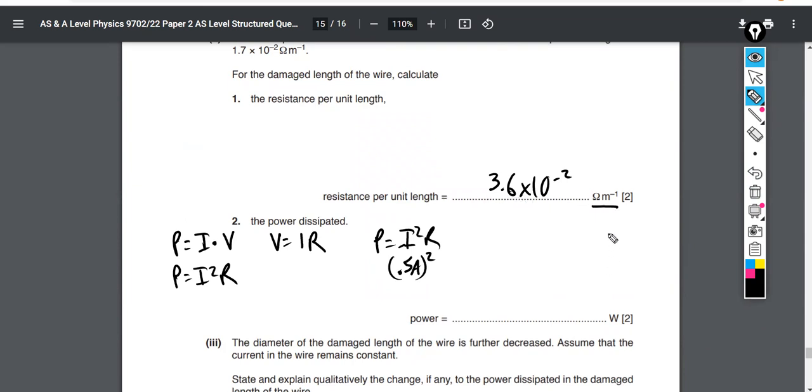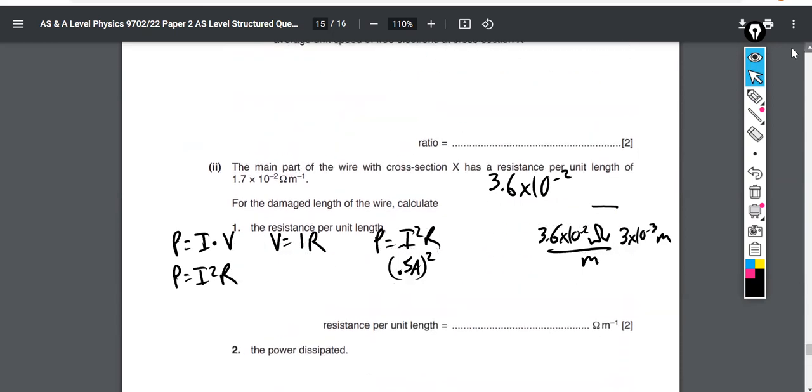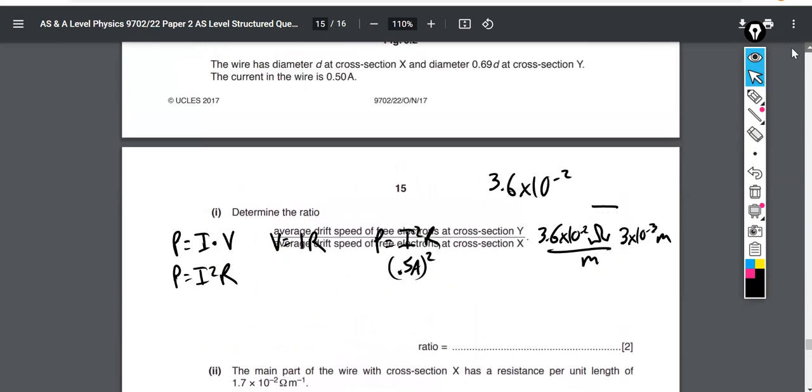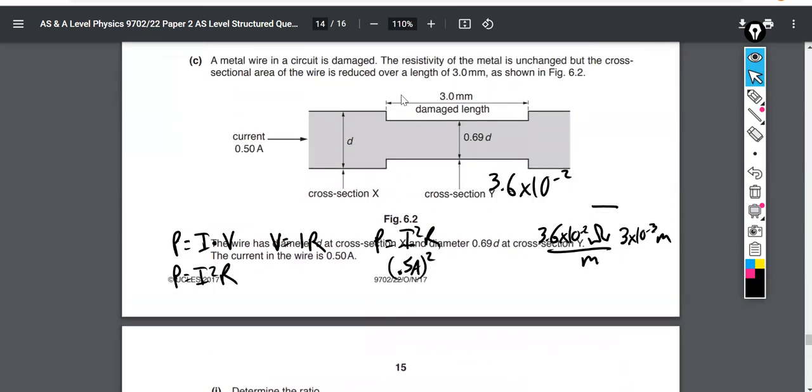If you take care of the words, they will take care of you. So we know that there's 3.6 times 10 to the negative 2 ohms per meter. We don't have a meter. We've only got 3 millimeters. If you look at the problem, it tells us that the length of damaged wire, they show us on the figure, is 3 millimeters right there. So if we had a whole meter of damaged wire, then the resistance would be that much, right?